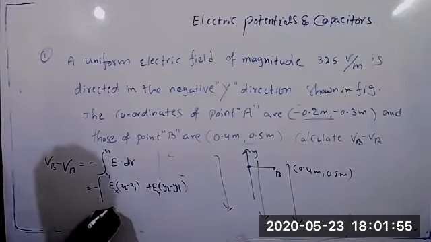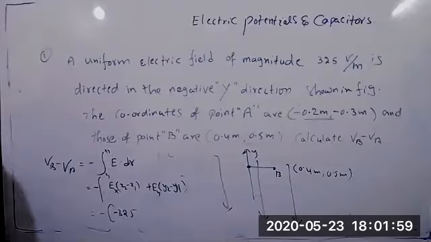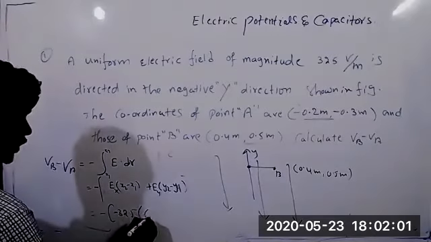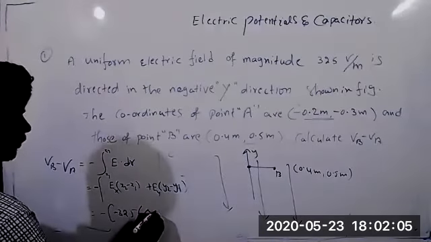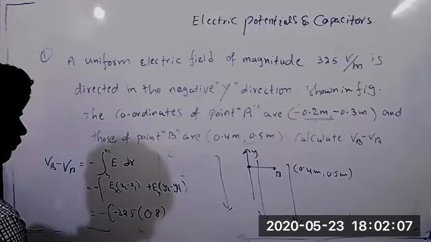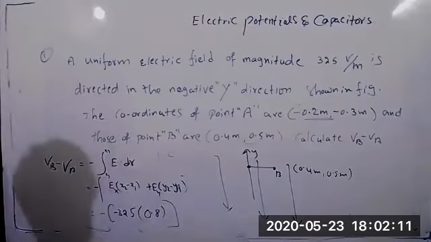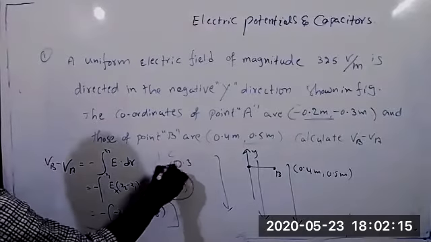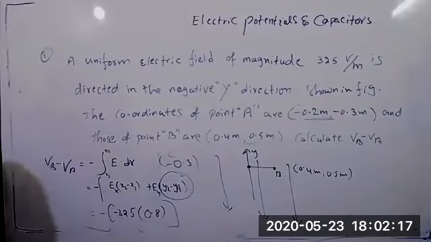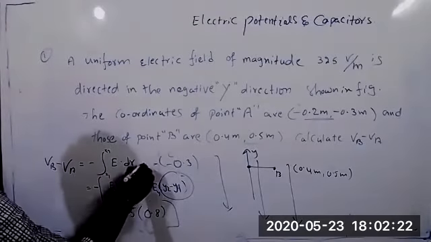So minus 325 into 0.8, sir. Because in this place you will get only minus 0.3, and in this point you will get 0.5.